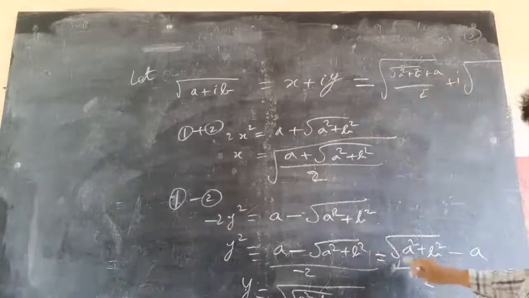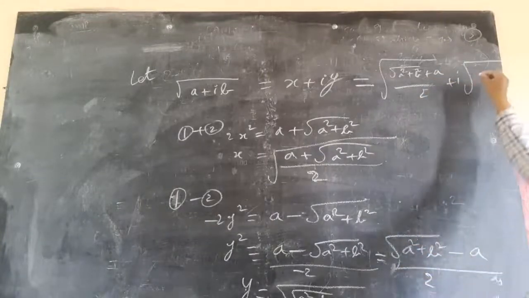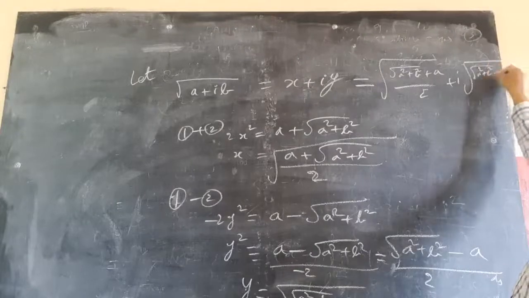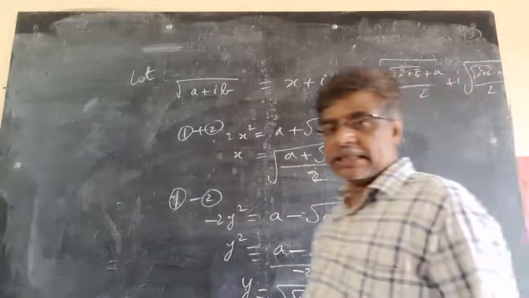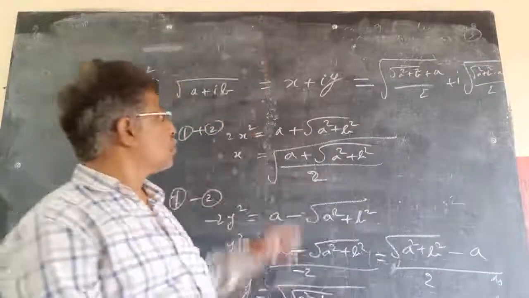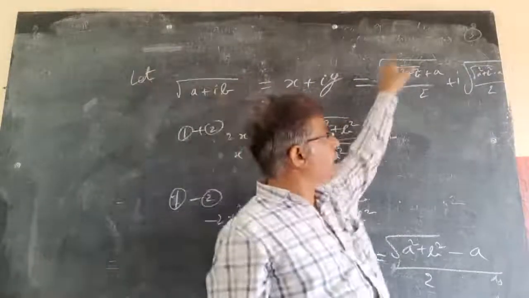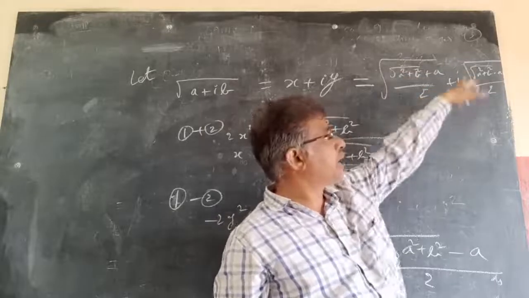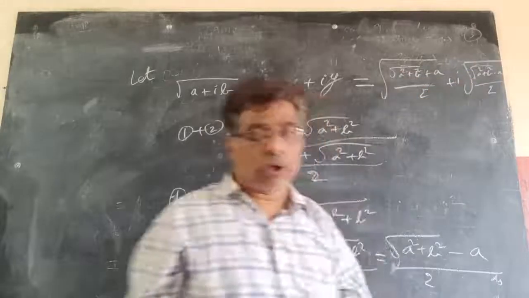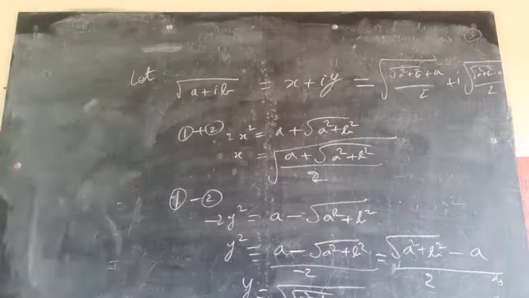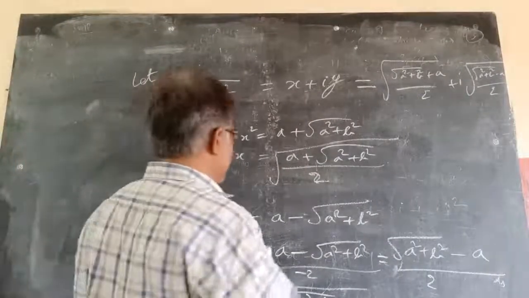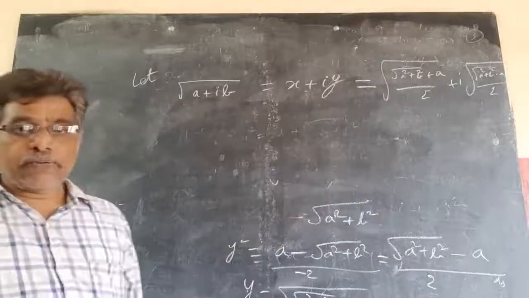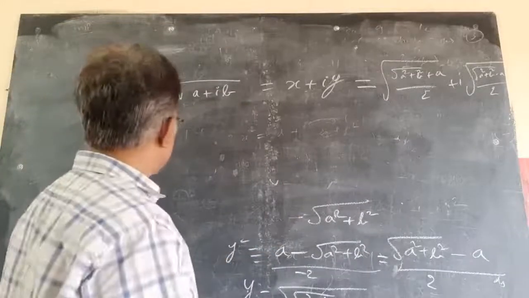Y is this, the square root of a square plus b square minus a by 2. So root of a plus ib equals the square root of a square plus b square plus a by 2, plus i into the square root of a square plus b square minus a whole by 2. This gives you x plus iy, or root of a plus ib.